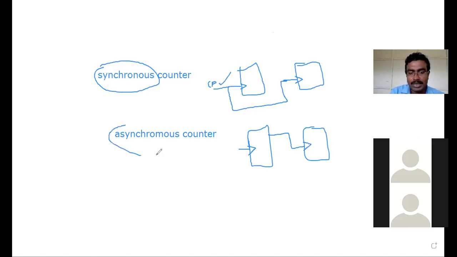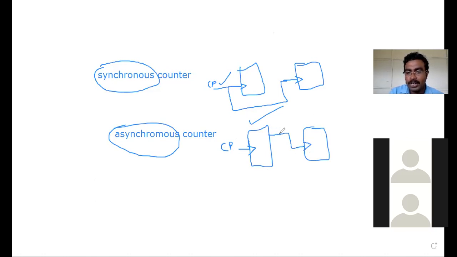Whereas in asynchronous counters, the first flip-flop will be triggered if I apply clock, then it will work and it will generate some output. That output is given as clock for the second flip-flop. Means when I apply the clock pulse, your first flip-flop is going to work and the second flip-flop will be idle. It is not going to work at any cost.